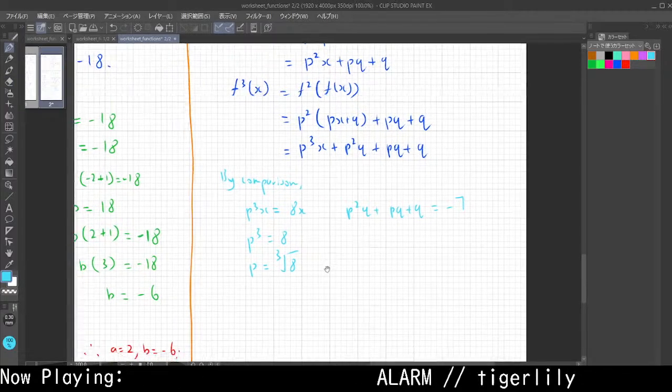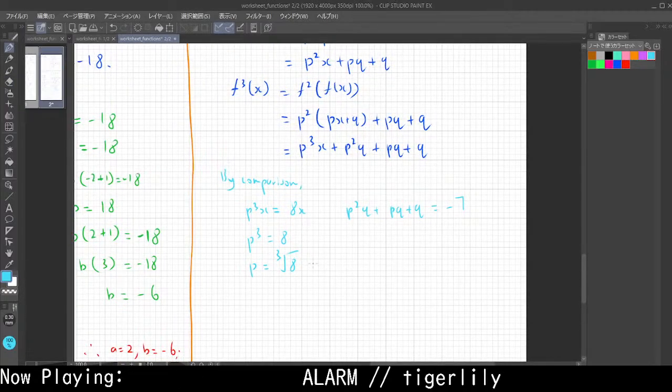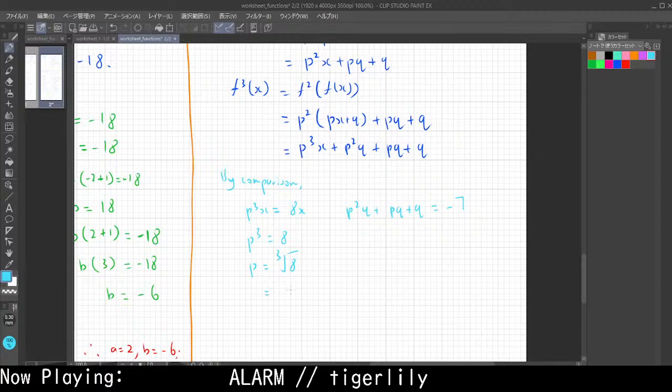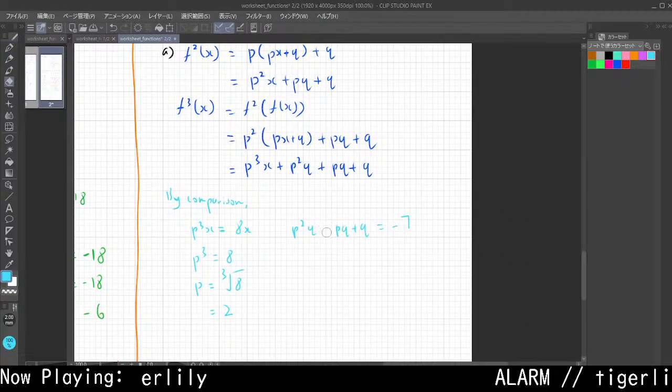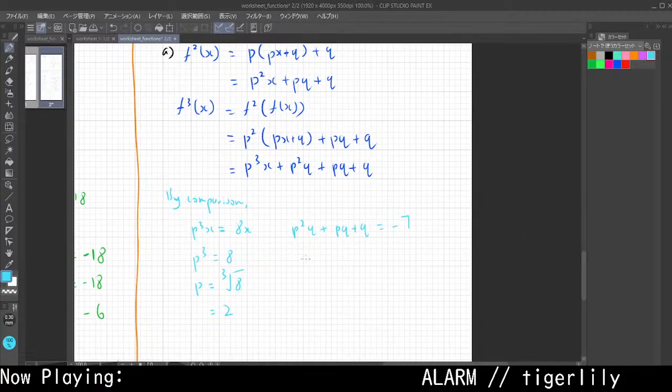Bring your cube over to the other side to form a cube root. Put this into your calculator. You get p equals 2. Okay, p equals 2, you can now substitute it in.